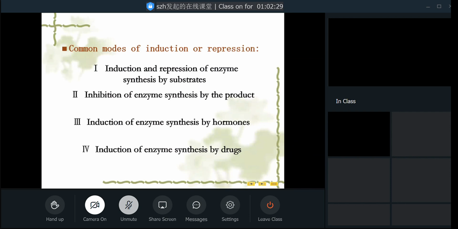The common modes of induction and repression: first, induction by the substrate; another, inhibition of enzyme synthesis by the products; third, induction of enzyme synthesis by hormones; and last, drugs.